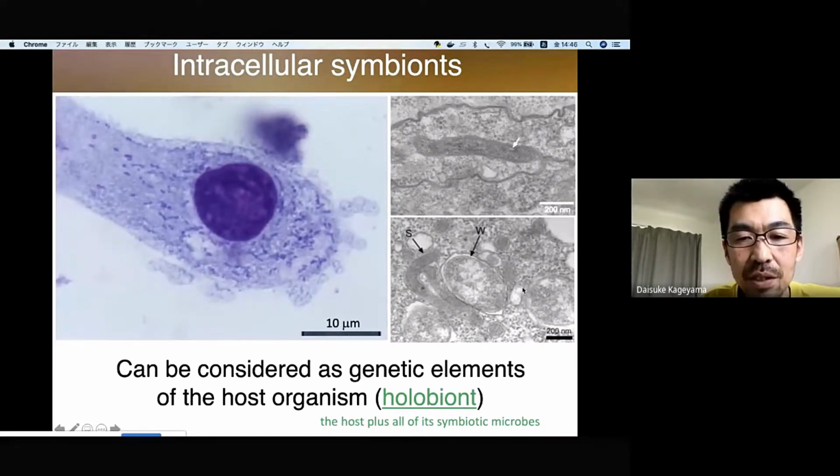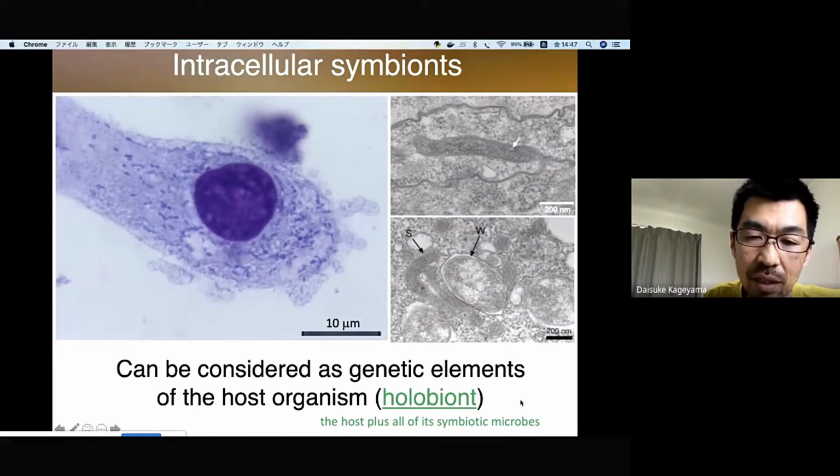These can be considered as the genetic elements of the host organisms. Sometimes it's called holobiont. The holobiont is the host and all of its symbiotic microbes together, considered as the unit of selection. So we can consider it a kind of genetic element.